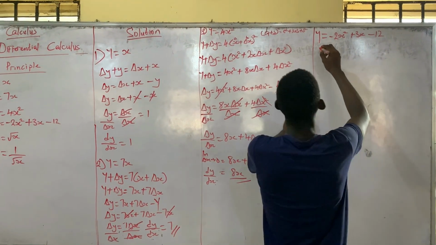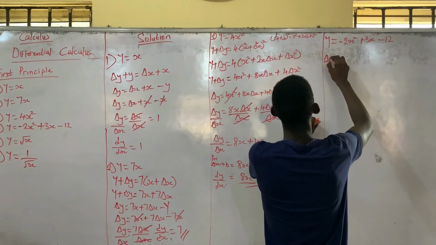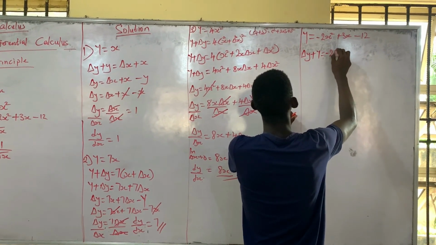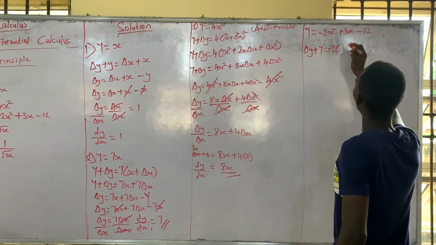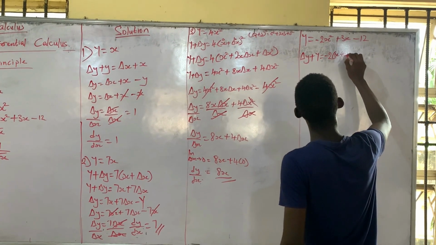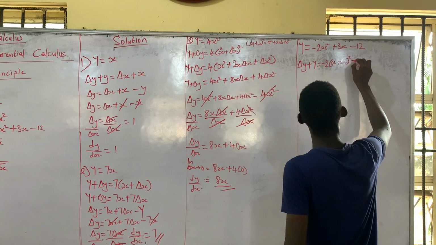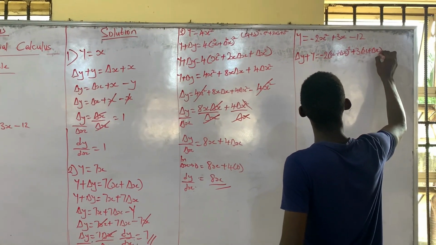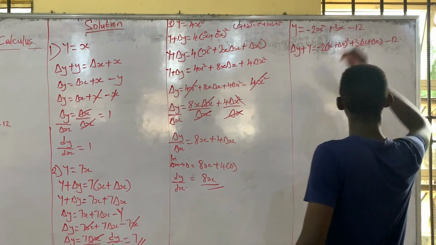Which means this is change in y plus y is equals to minus 2 open bracket x plus change in x, which is in square, plus 3 in bracket x plus change in x minus 12.